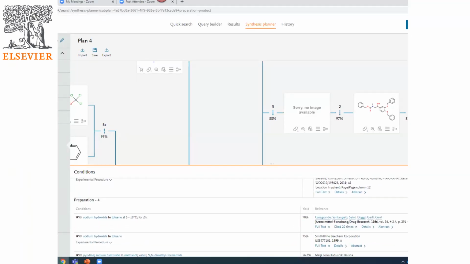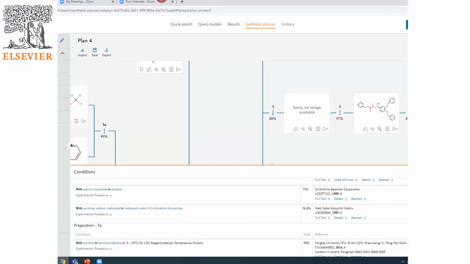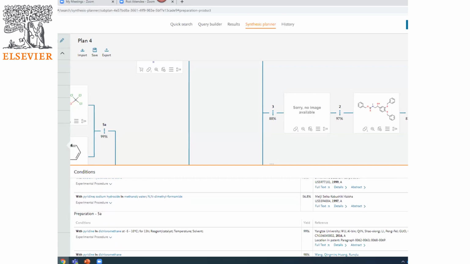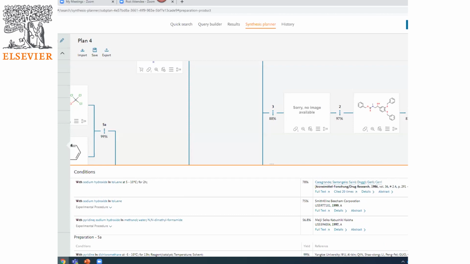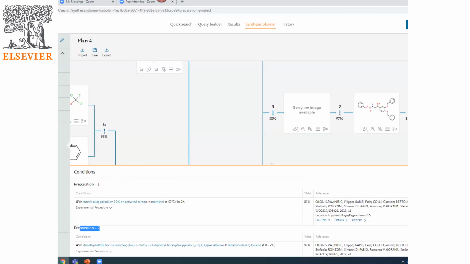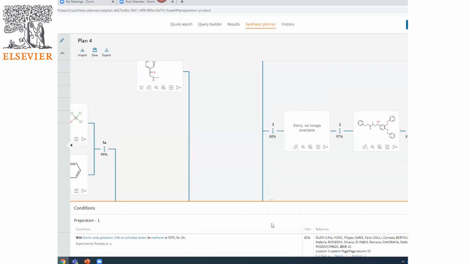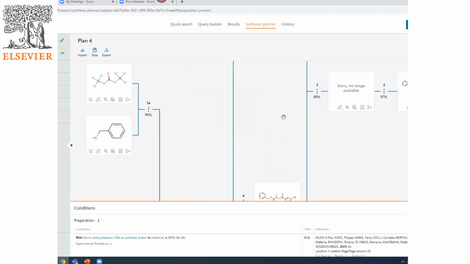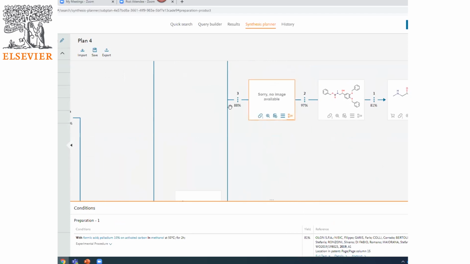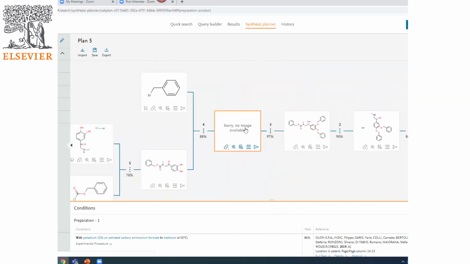So you can easily assess if this is a good synthetic route, if this is a green synthetic route, if it involves hazardous compounds or not, if it uses available compounds, compounds which you can synthesize, and whether the reactions have high yield or not, with this very interesting tool called synthesis planner.